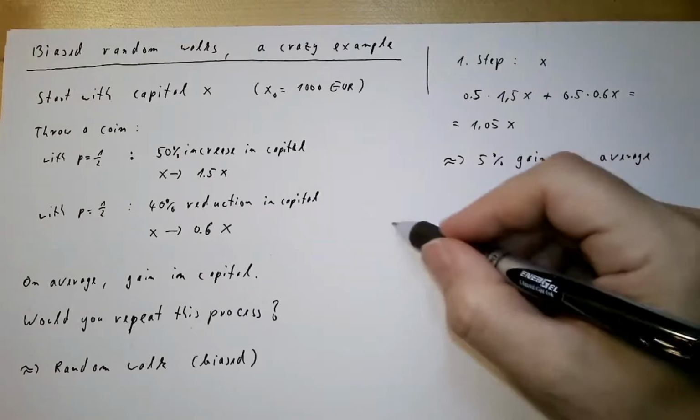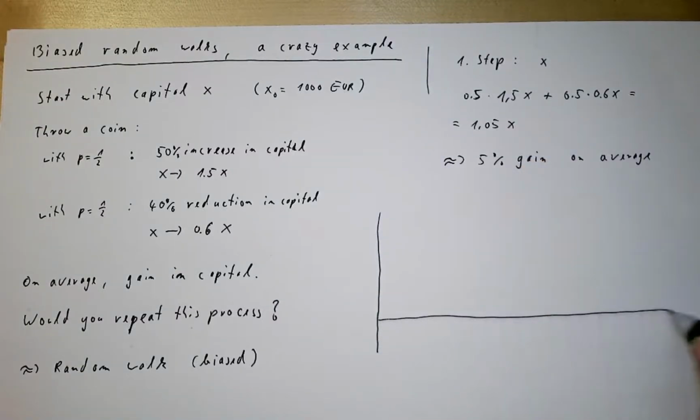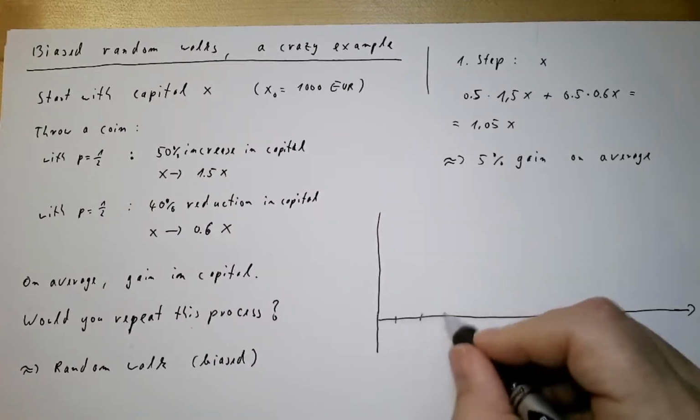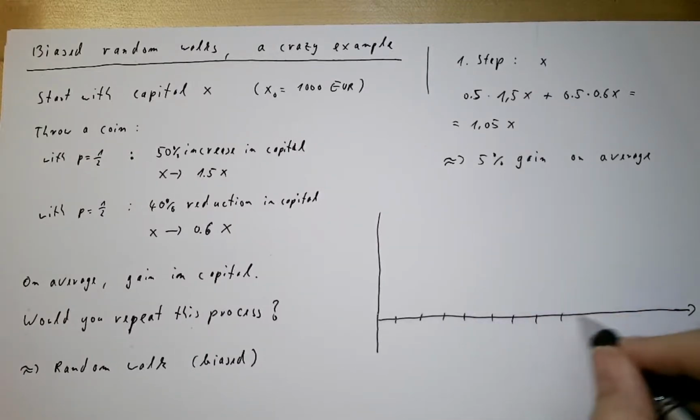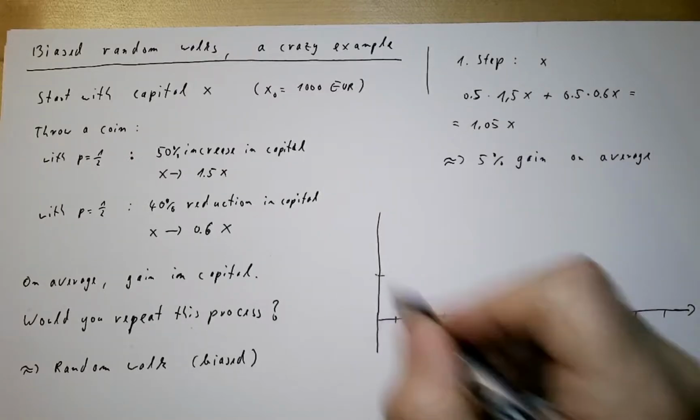So if we have this random walk, and we have here the time, the number of iterations of the walk, we start with our 1,000 euro.